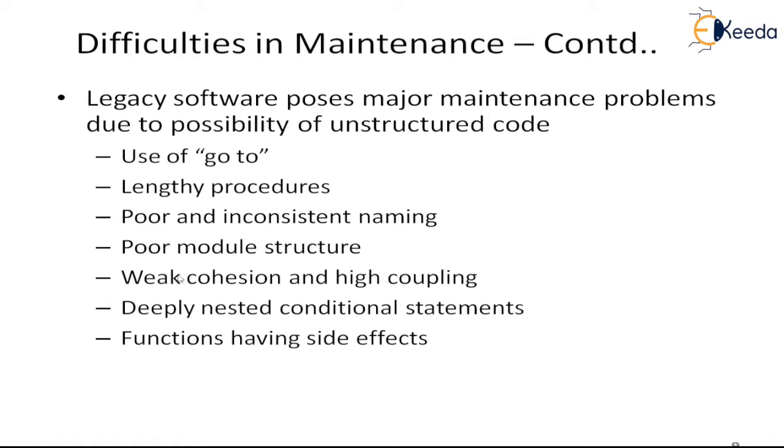Cohesion should be high, but there is weak cohesion, and there is high coupling. That means there is a lot of interfacing and message passing between the modules. Deeply nested conditional statements increase the complexity of the program, and functions have side effects. So maybe some global data change and too much calling between functions, and heavy computations and things like that.